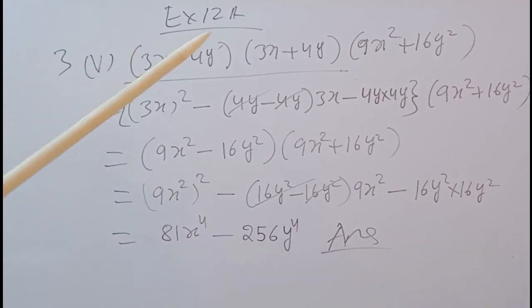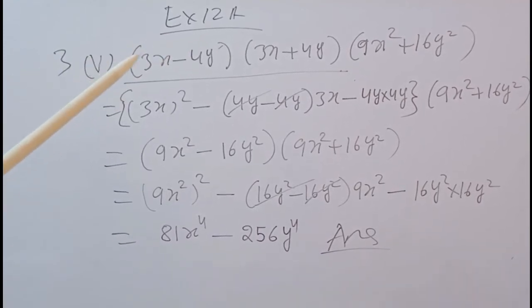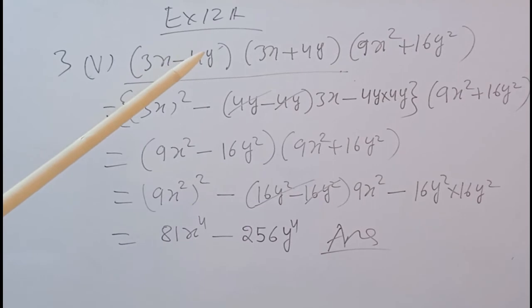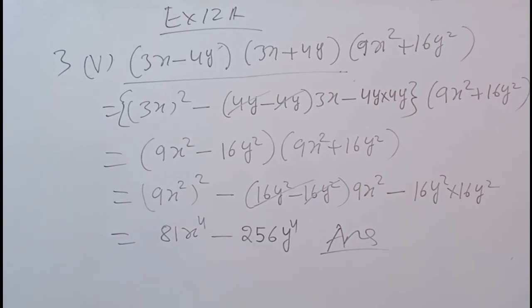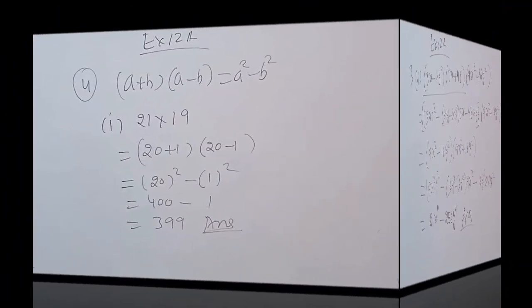So you will get the product of (3x − 4y)(3x + 4y)(9x² + 16y²), that is 81x⁴ − 256y⁴. In that manner you will do question number 3, fifth part.